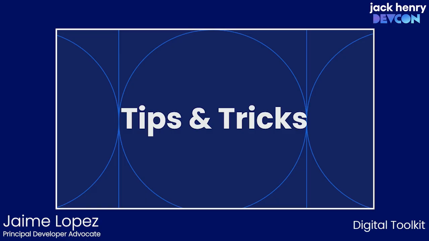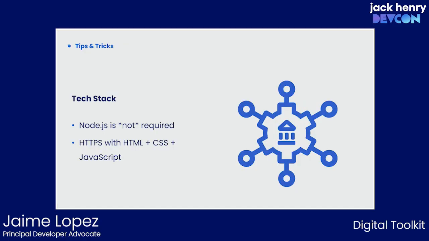And just to quickly round things out, some tips and tricks. You'll find that you can use almost any possible tech stack that's out there as long as it speaks the language of the web, as long as it can handle HTML, CSS, and JavaScript over HTTPS. Although a lot of our examples online are based on Node.js, that's really just an artifact of the bread and butter sort of skills that we have on Banno.